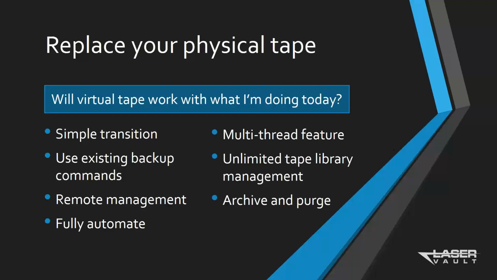And also archive and purge, that gives you the ability to manage the retentions of your backups, the ability to archive long-term storage backups. Say your annual backups need to be stored for a certain number of years. And this is ultimately going to lower the cost of your IT operations with not having to deal with physical tape.